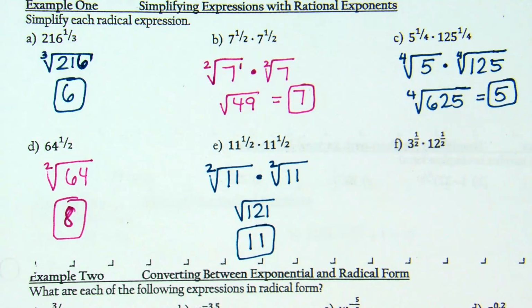What is square root of 3 times square root of 12? Square root of 36. But we know the square root of 36 is 6. Okay. That was breaking you in there. All of my numerators were 1, so it's just a matter of figuring out, okay, my denominator indicates my root.